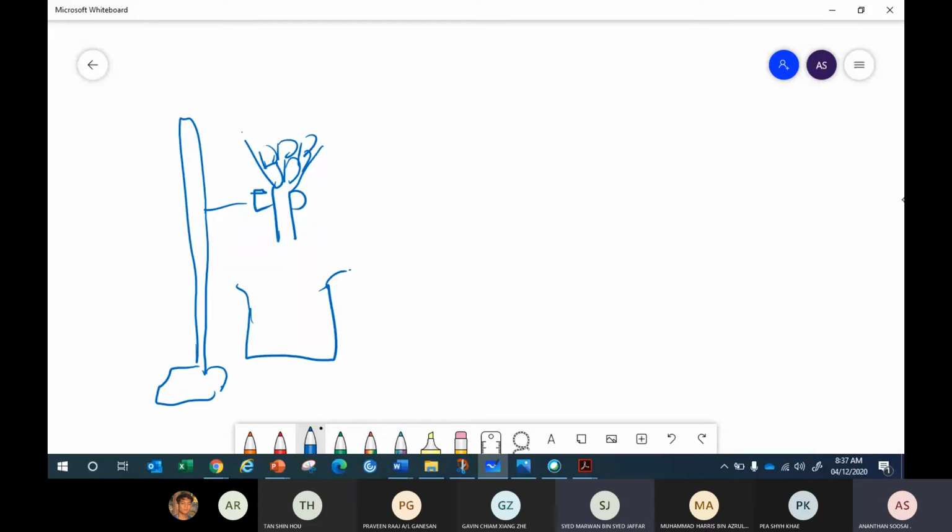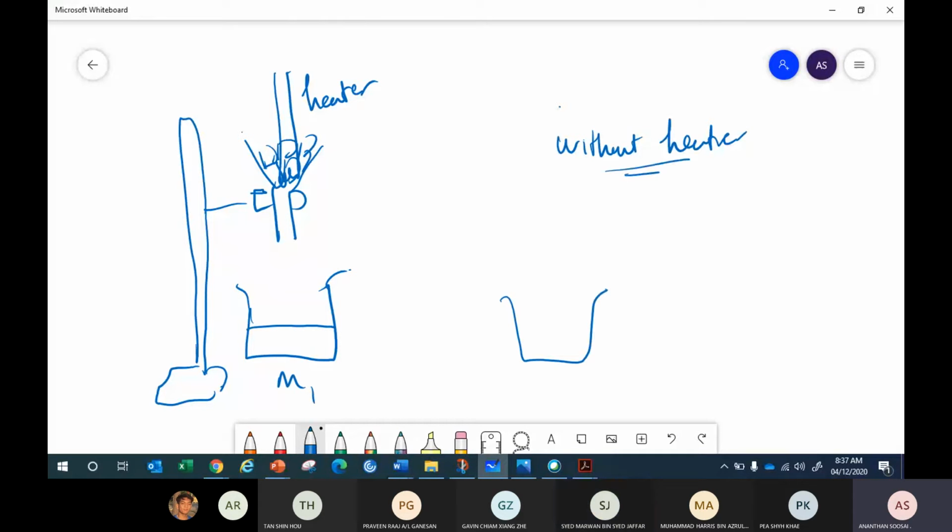Then for the other setup, we put a heater inside. The other setup is identically the same, but without the heater. So the first experiment you get m1. The second experiment, without the heater but the same setup, you get m2.